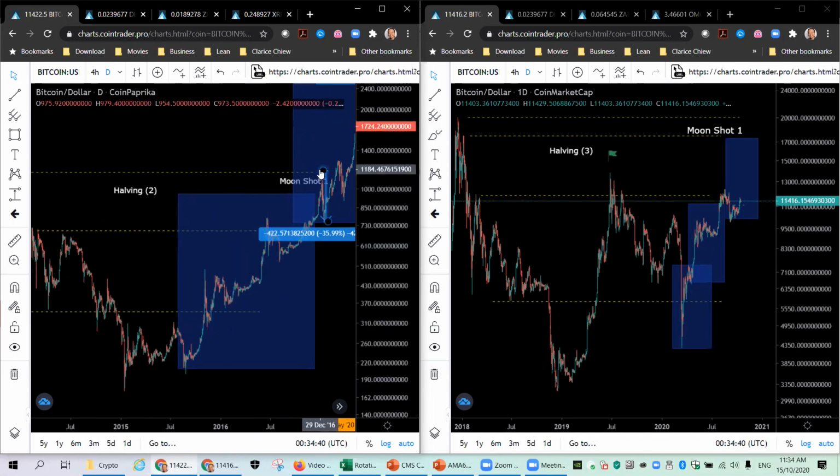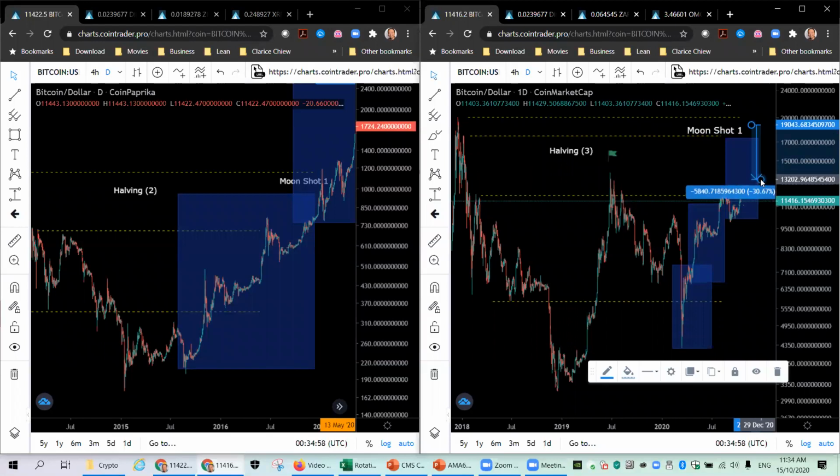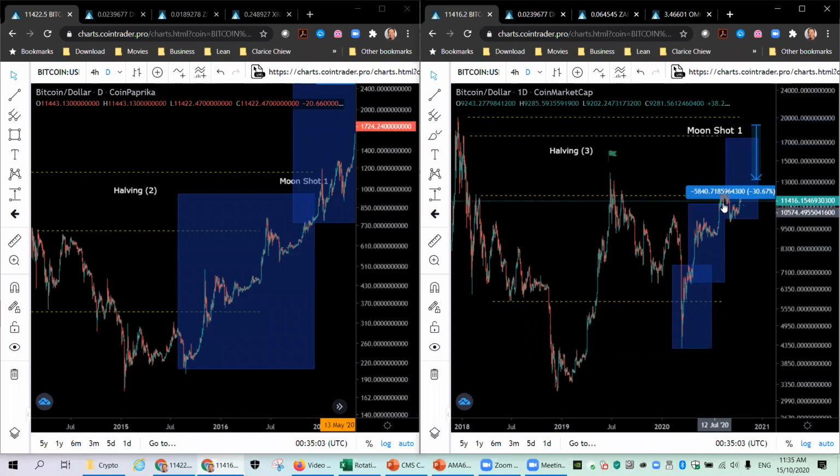But probably at the end of the year, towards December, we can see the moonshot 1 correction start coming in over here. So if, for example, it goes up to 19,000, it might come back down into this territory, 13,000, and that could happen, and I'm not ruling that out for sure.